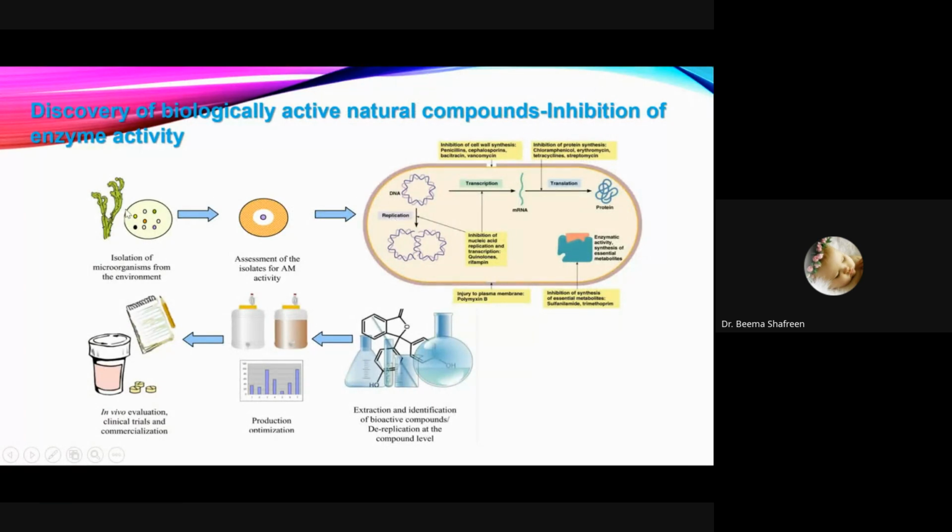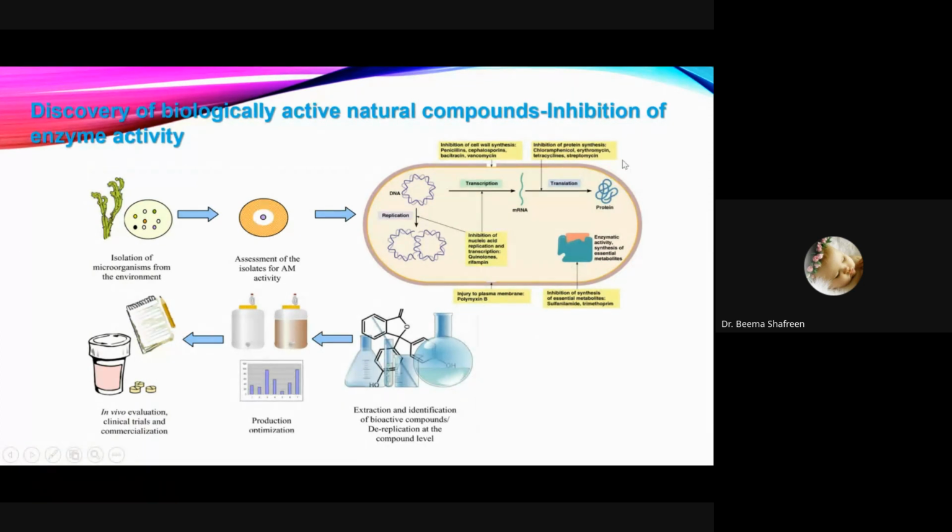You can see that a natural compound is isolated from a particular microorganism or from an environment. Say, for example, a seaweed. From seaweed, a bacterium is isolated, and that bacterial extract is showing antimicrobial activity. Antimicrobial activity can be due to inhibition of cell wall synthesis, or inhibition of protein synthesis, or inhibition of the plasma membrane.